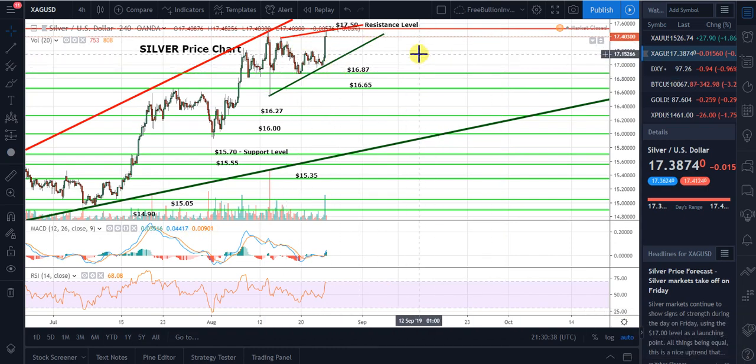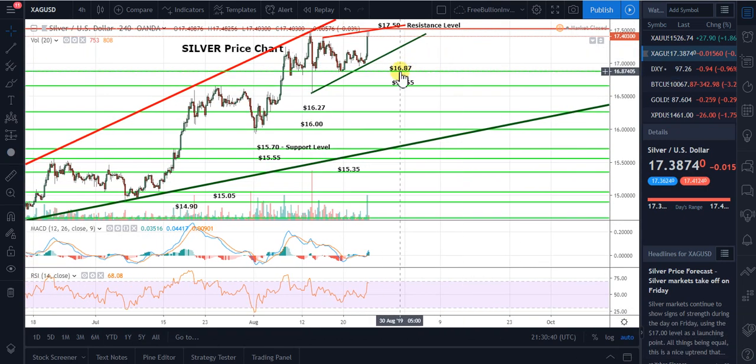This is a rising wedge, but again, I think 1687 will hold like it did last week if the price of silver does fall below it. But again, there's a lot of uncertainty in the market, so we could clearly see this pattern denied, and the price of silver move up to the upside, breaking 1750.